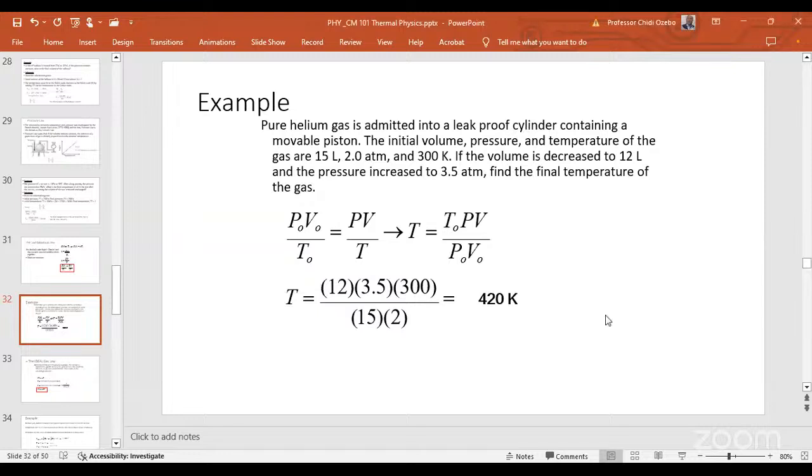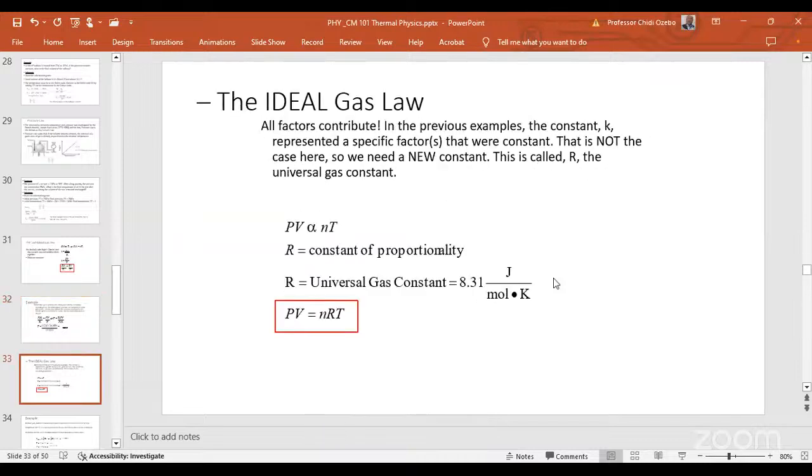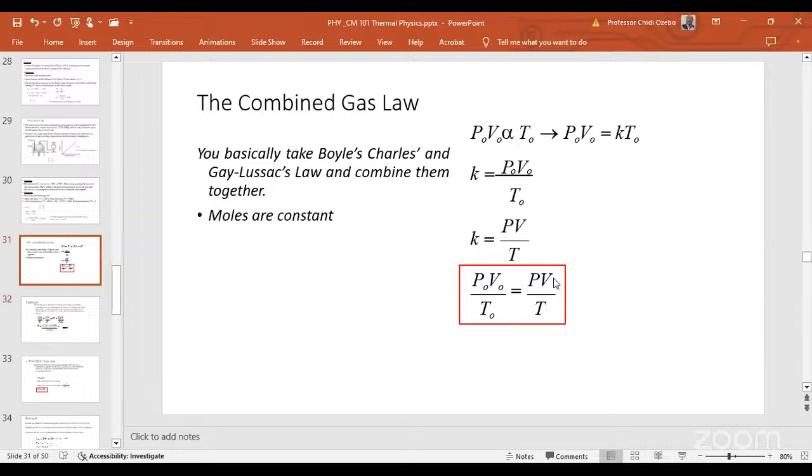Chinedu, raise your hand. What's the problem? Can you go to the previous slide? Yes, that's the previous slide. What's the problem? I'm okay, sir. No problem, sir.